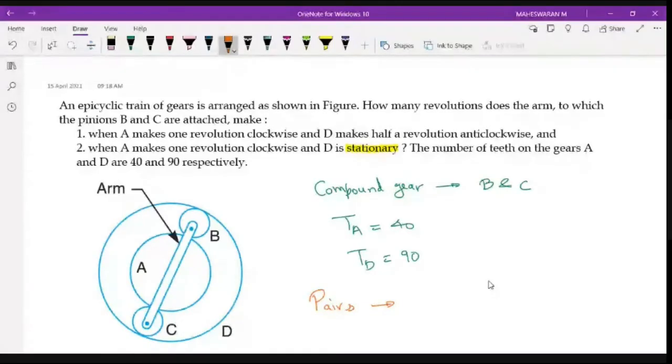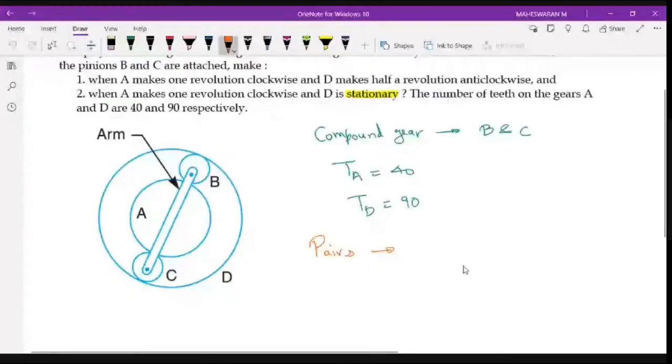Sir, can you tell me 4? A B, A C, B D, C D.